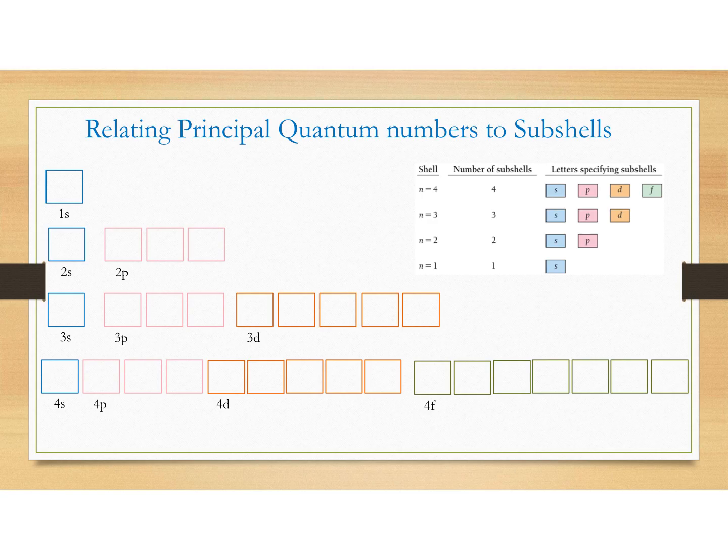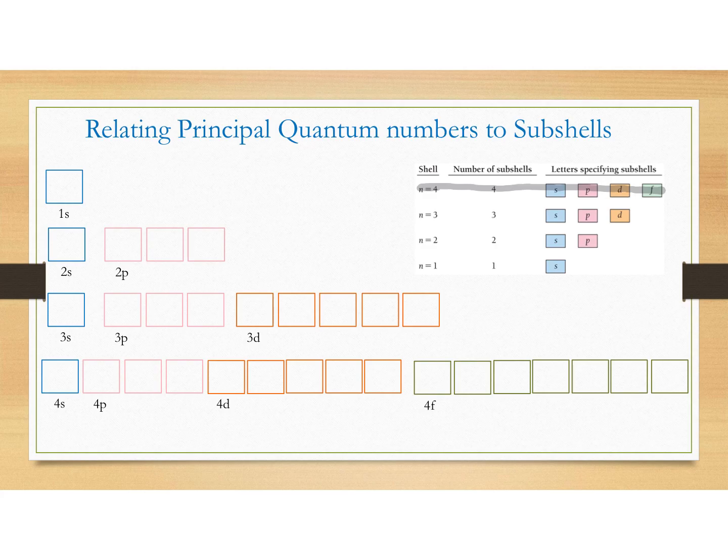In the n equals 4 principal quantum number shell, we must have the s, the p, the d, and the f.